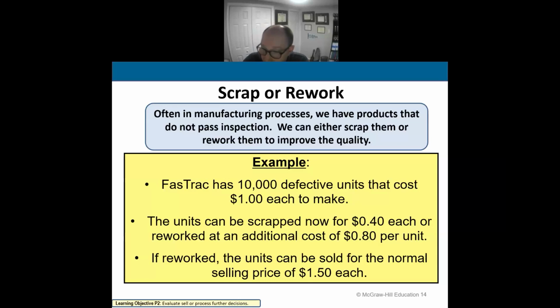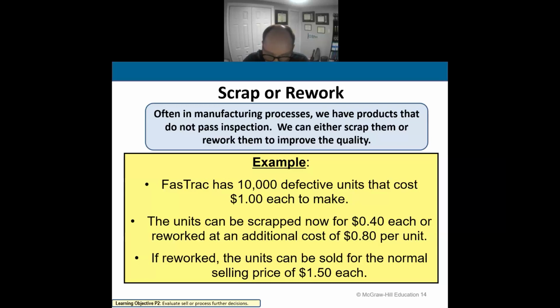Now here's a decision. I can either scrap those defective wiper blades, meaning, sell the rubber and the plastic, scrap it, right? I can sell the rubber and the plastic, and I could get 40 cents each.